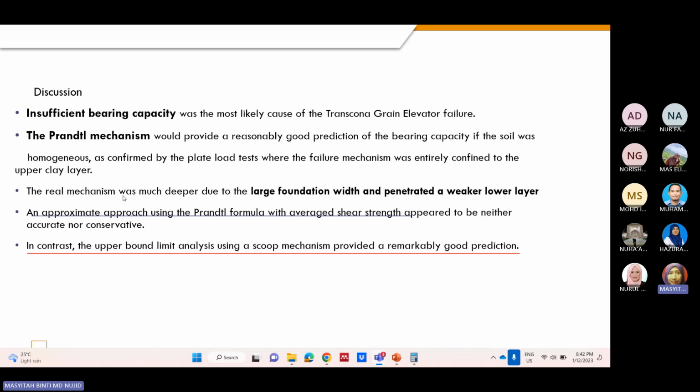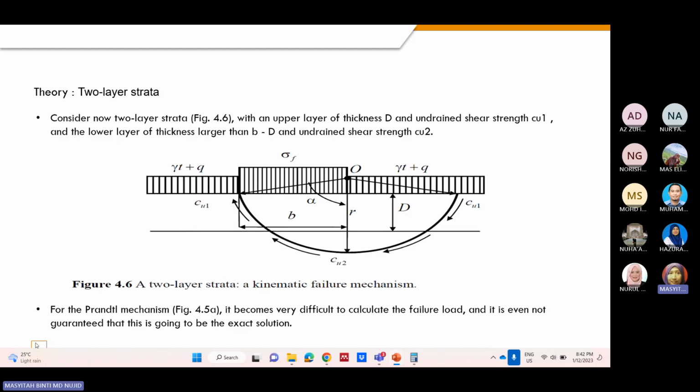So the real mechanism was much deeper due to the large foundation width and penetrated a weaker lower layer. An approximate approach using the Prandtl formula with average shear strength appeared to be neither accurate nor conservative. So it's not that it is not good, but it can be used for certain conditions. In contrast, the upper bound limit analysis using a scope mechanism provided remarkably good predictions.